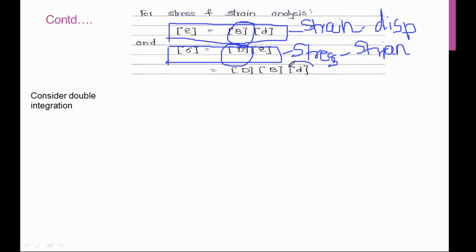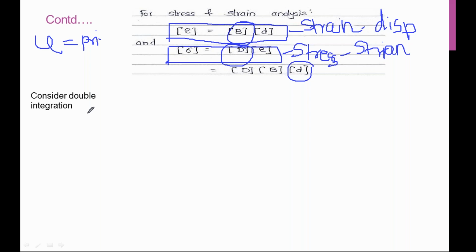Now why am I considering the displacement d here? Because always remember that displacement is the primary variable. Whatever the element, in the first lecture itself I told you that displacement is the primary variable.